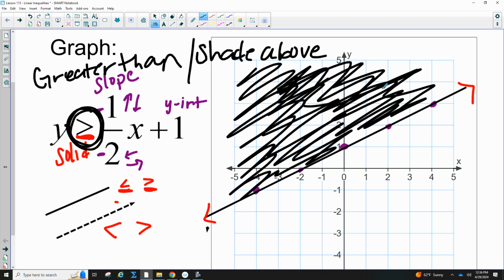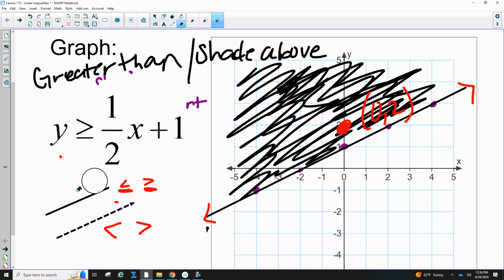Now, you could also test a point. Some teachers like when you test a point. I personally just like to shade above or below. However, you could test a point and see if it's in the solution region. A good point to test would be this one right here, at 0, 2. Let's erase all this craziness.